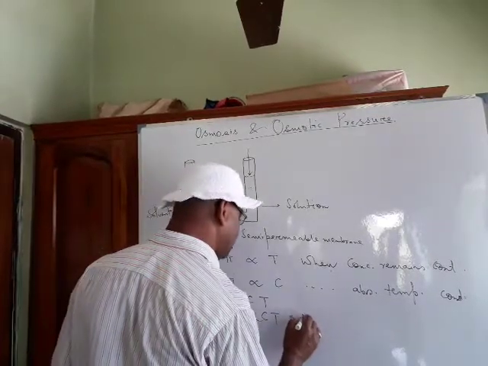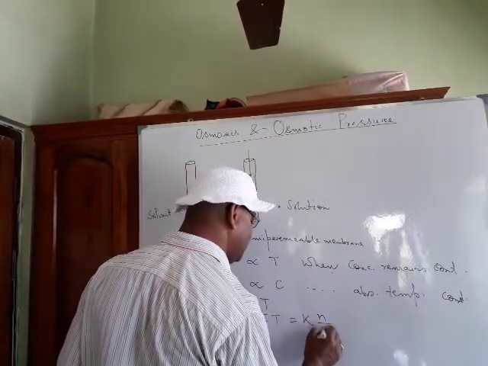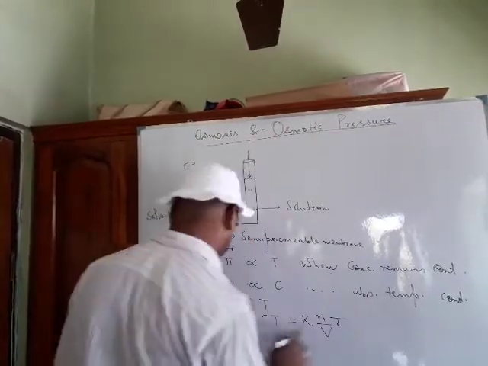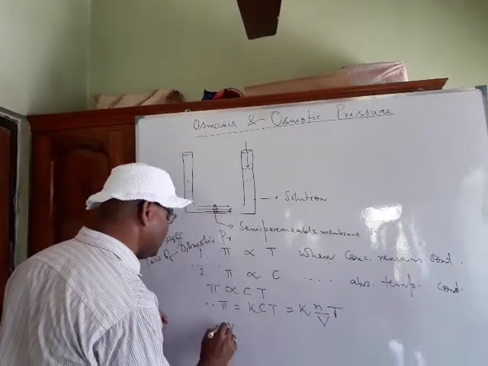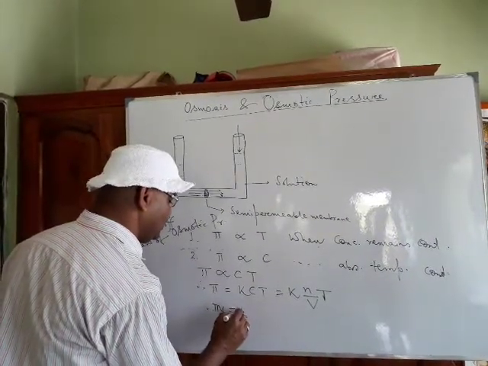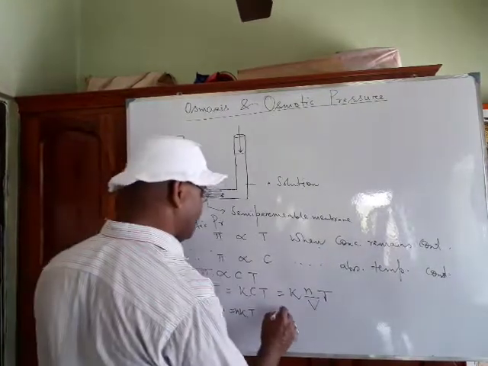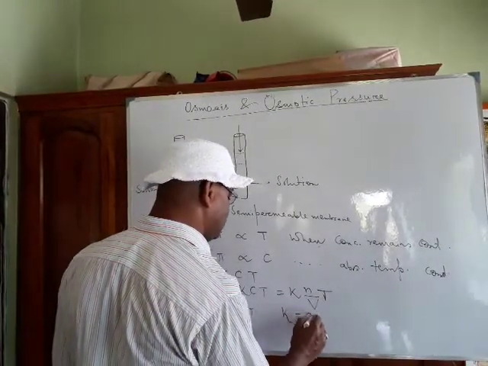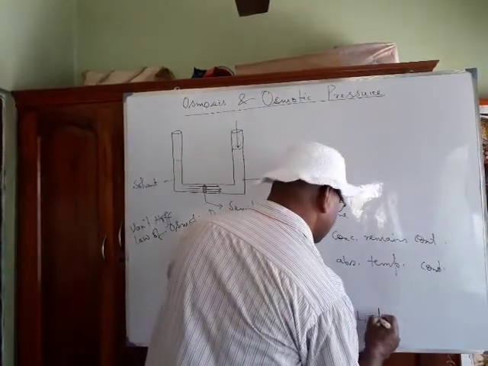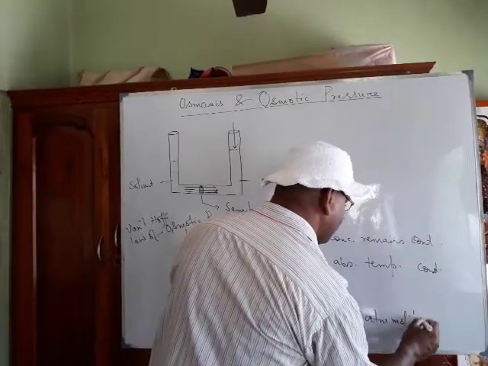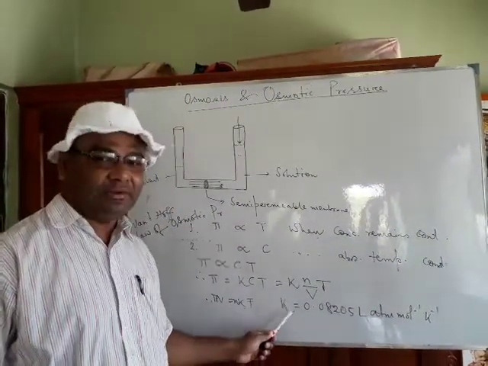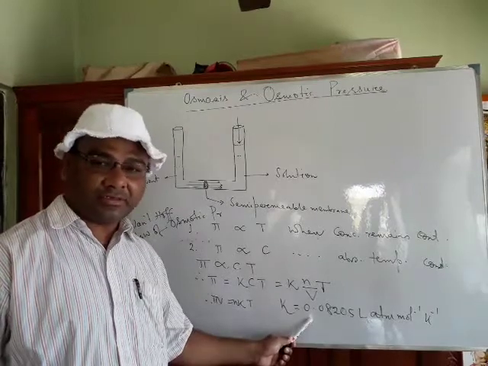We can write C as n by V, number of moles per unit volume, into T. Therefore, pi V will be equal to nKT. Now, it has been found that the value of K is 0.08205 liter atmosphere per mole per Kelvin, which is equal to the value of the universal gas constant R.